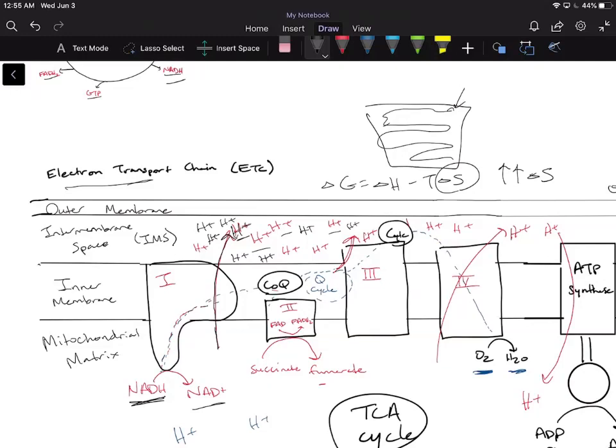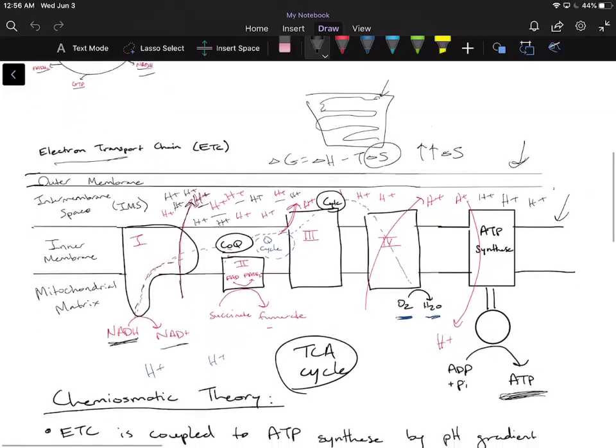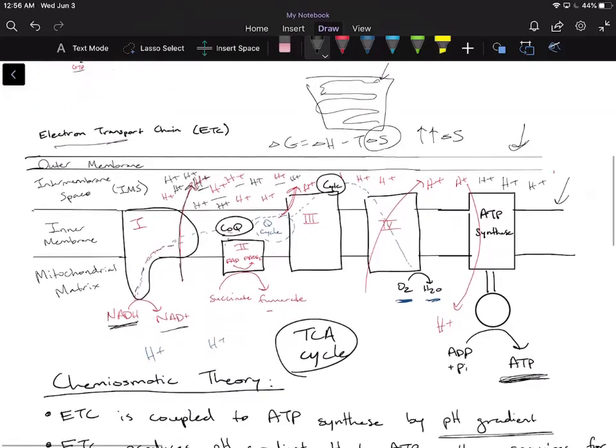The electron transport chain is going to pump protons from the matrix against this concentration gradient into the IMS, where there's a higher concentration of protons in the IMS, okay? Now what's going to happen is ATP synthase is going to take that proton gradient, and it's going to eventually make ATP, okay?